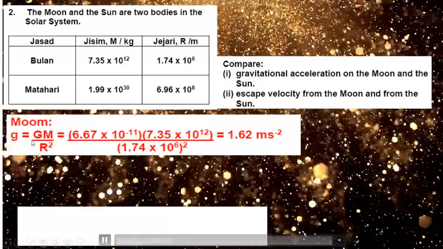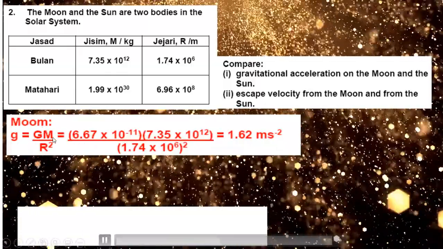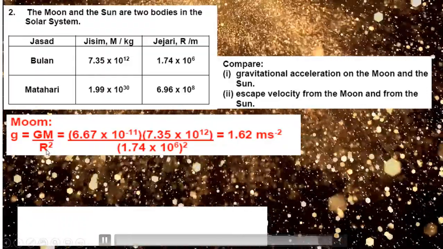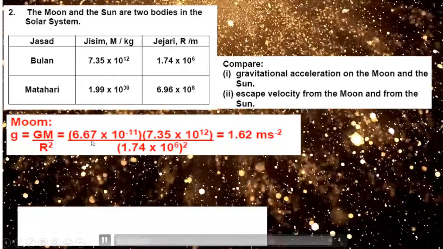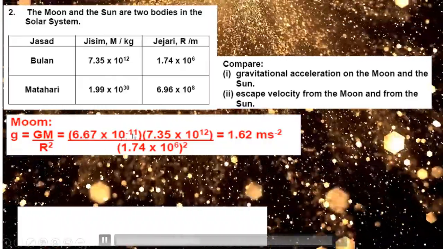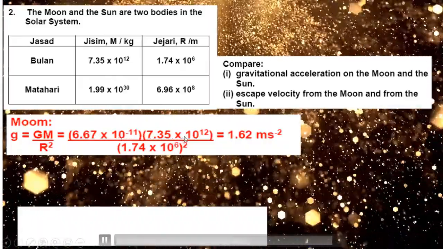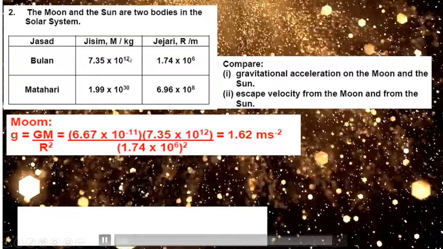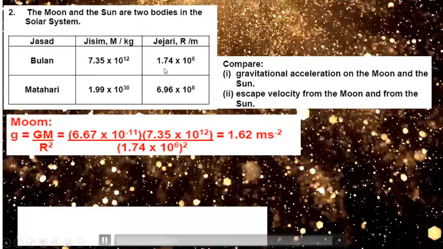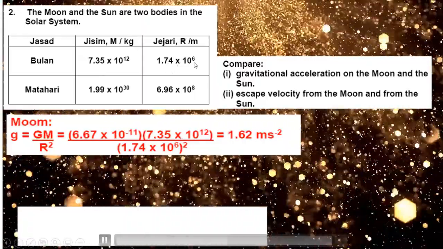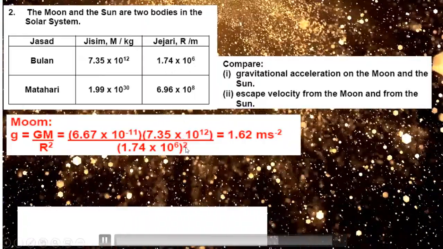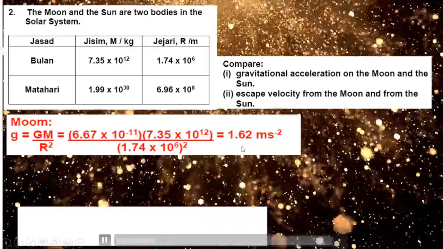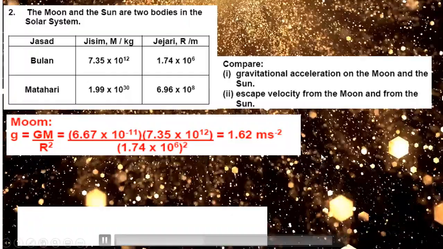So g equals big G big M over R squared, where R is the radius of the planet. So 6.67 times 10 to the power of minus 11 times 7.35 times 10 to the power of 22, divided by the radius, 1.74 times 10 to the power of 6. And do not forget, please square the value. So you get the answer 1.62 meters per second squared.